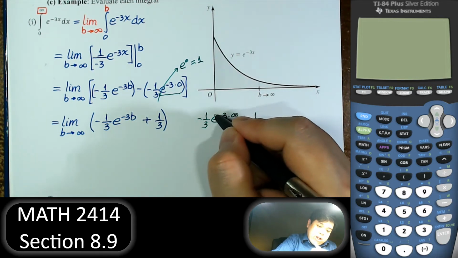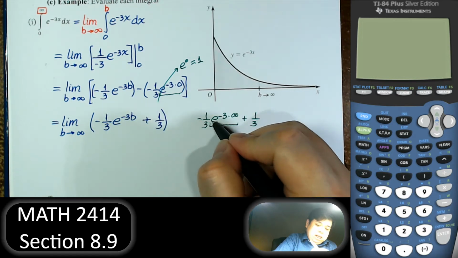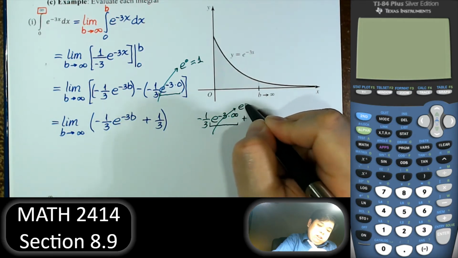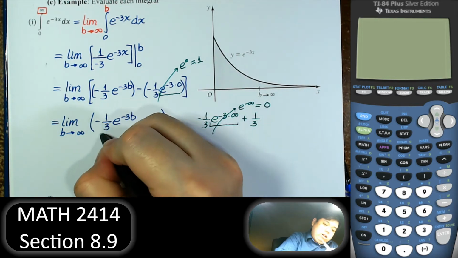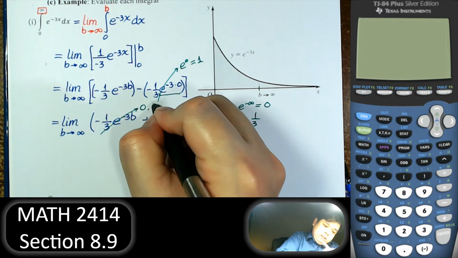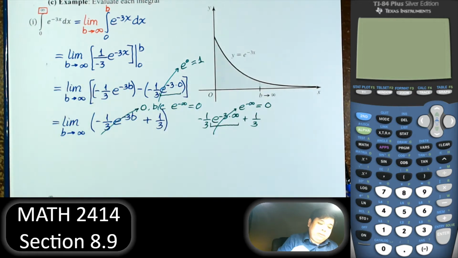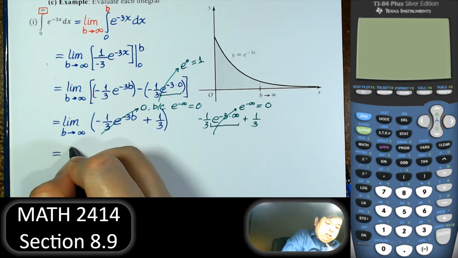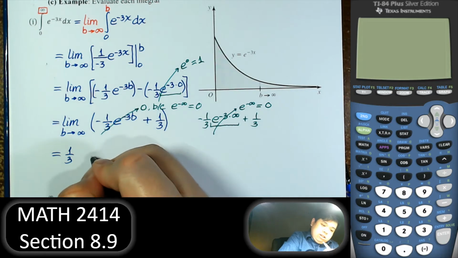And e to the negative infinity is equal to 0. So this one goes to 0 because e to negative infinity goes to 0. And so that one goes to 0, we're left with 1/3. And if it is equal to a number, we say the improper integral is convergent.